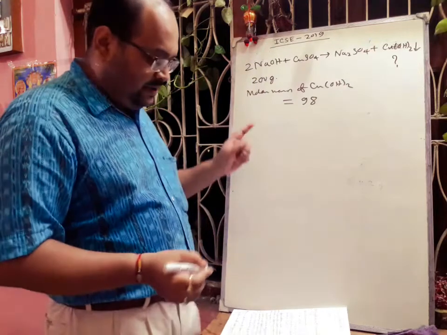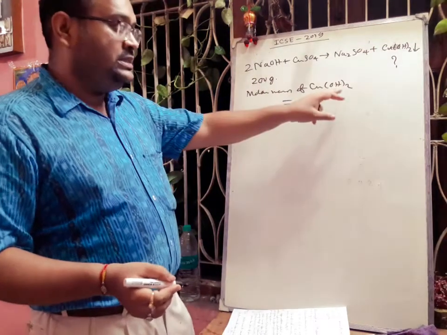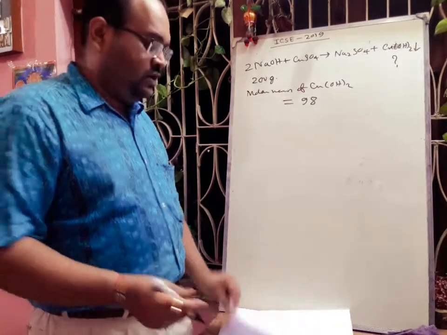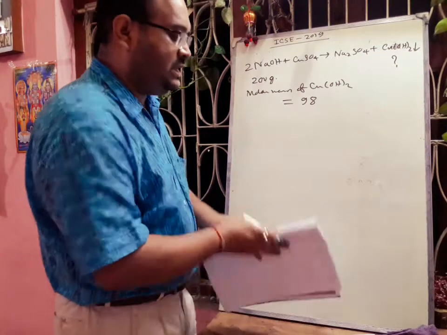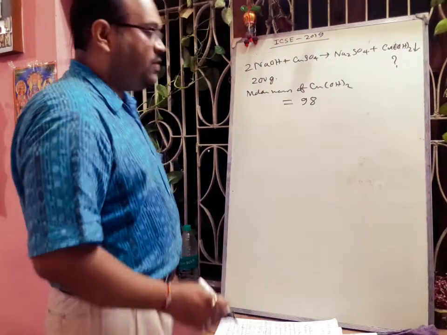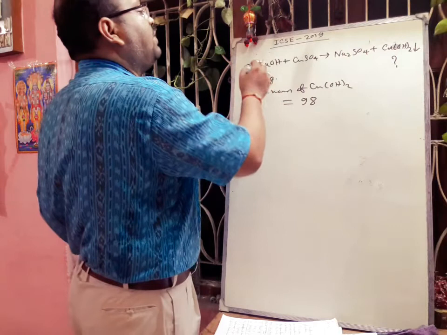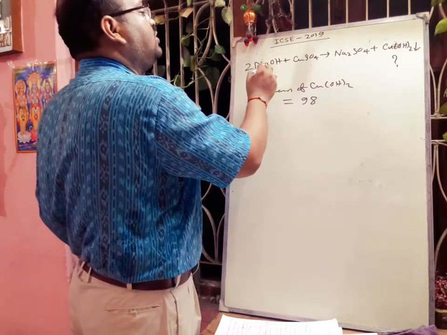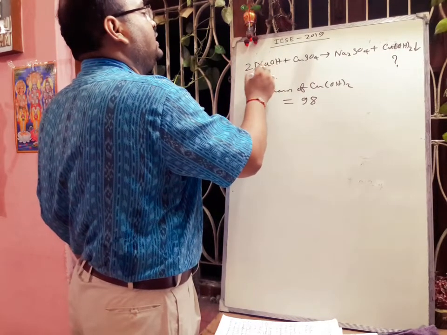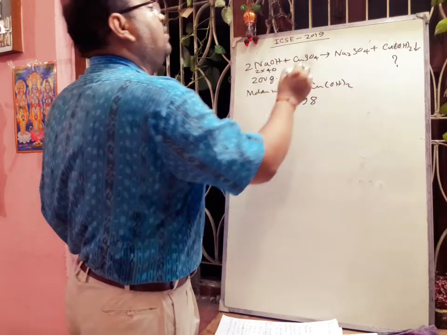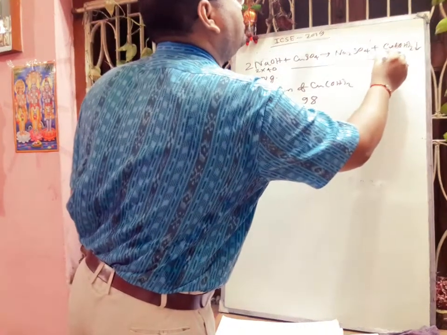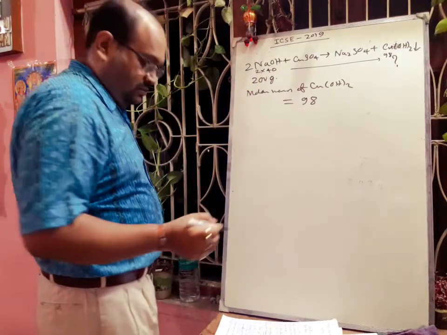Copper is 64, oxygen is 16 into 2 and hydrogen 2 into 1. Understand? From this equation, NaOH is 40, that means 2 into 40, 80 gram, will produce 98 gram copper hydroxide.